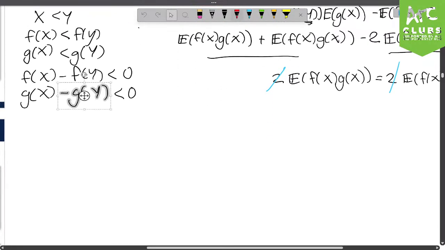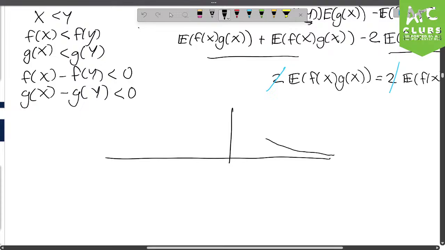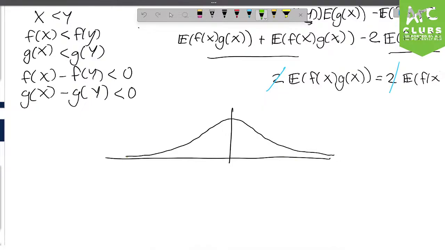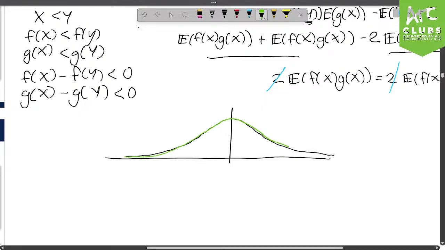Here's how I think about it. When we say f_X is equal to f_Y, what we really mean is that the distribution of the outcomes of the experiments are the same. So if that is the distribution f_X, this would be the distribution f_Y, right? So the green and the black are the same.